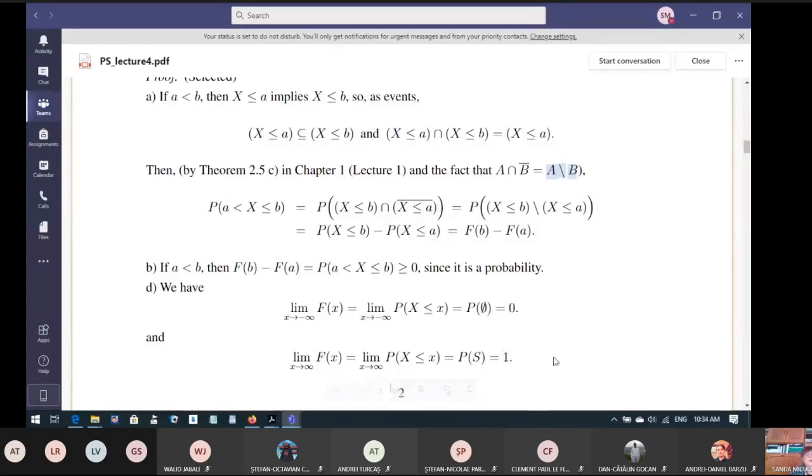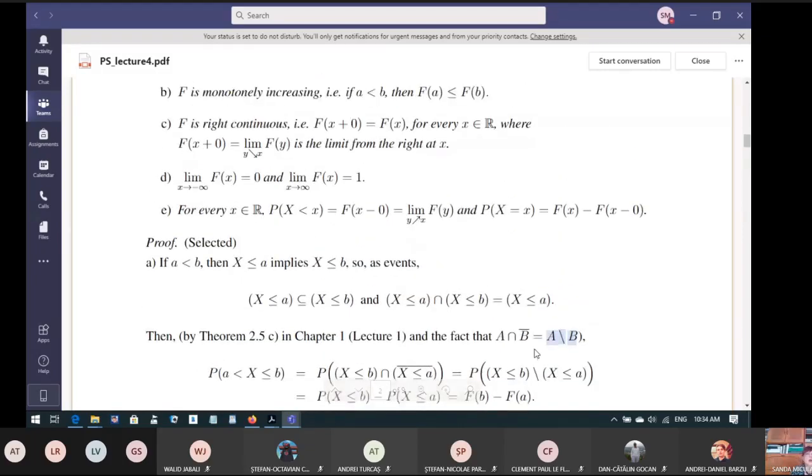On the other end point of the interval, when x approaches plus infinity, this becomes the sure event, the certain event. X will always take values less than or equal to infinity, so the probability of the certain event is equal to 1.